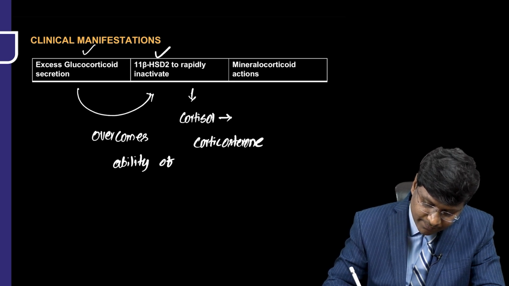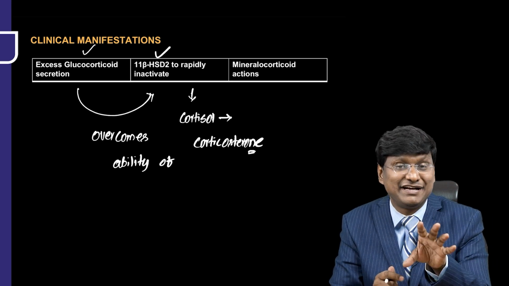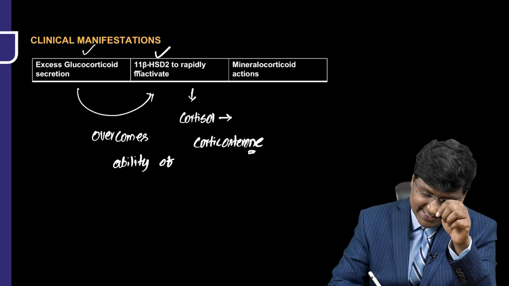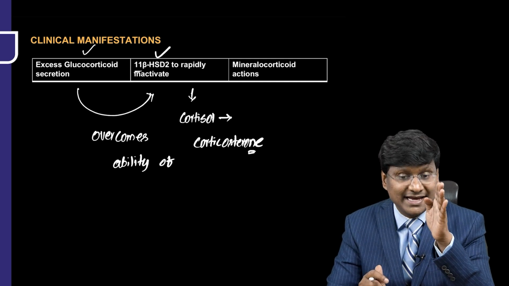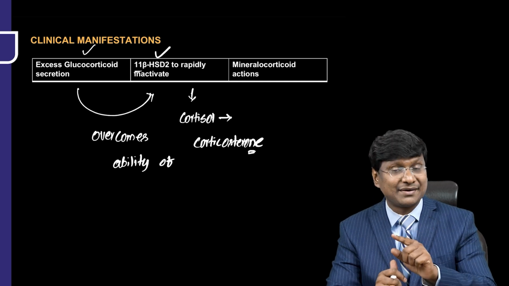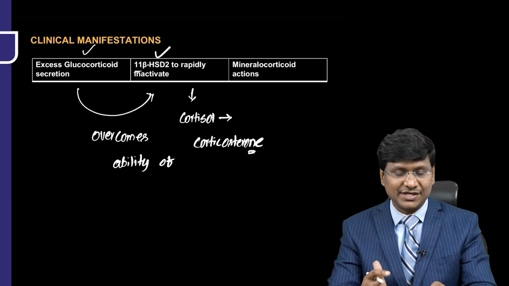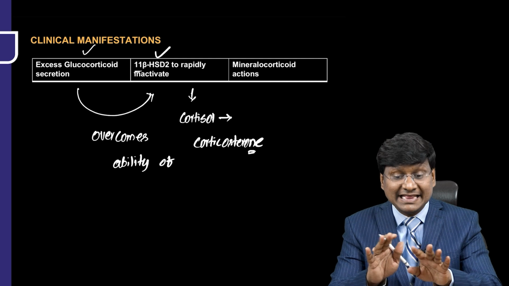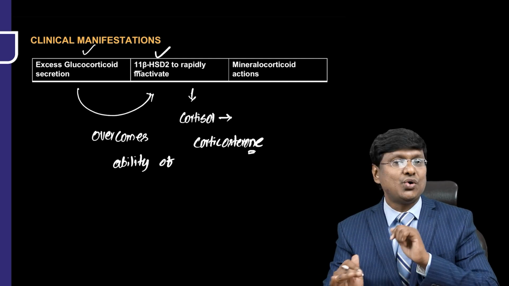Okay, so what happens is, at physiological levels, the steroids are rapidly inactivated by this enzyme called 11 beta HSD2, from cortisol to corticosterone. But when there is excessive glucocorticoid secretion, this 11 beta HSD2 cannot inactivate the cortisol to corticosterone.